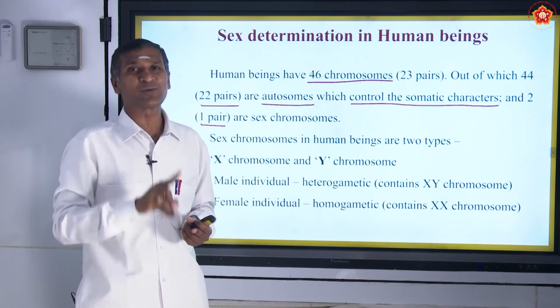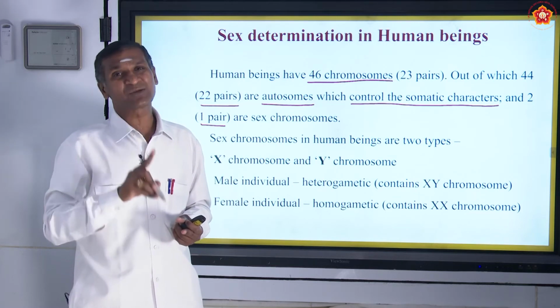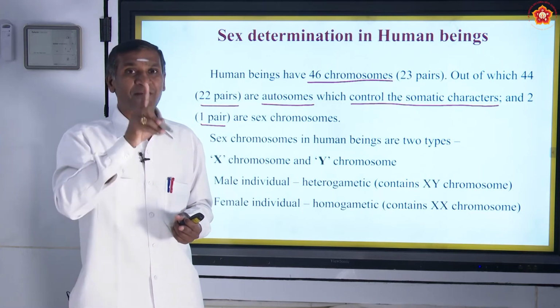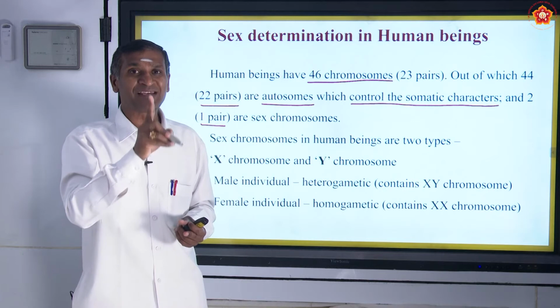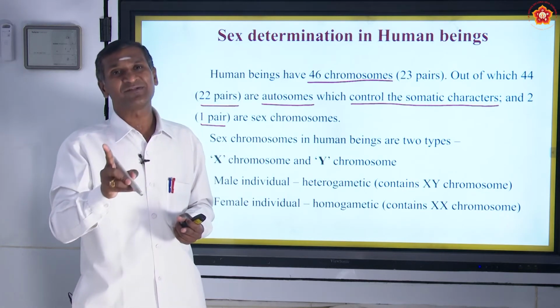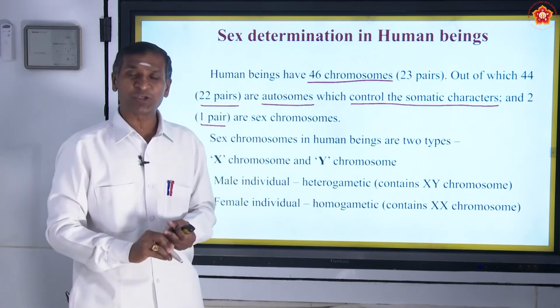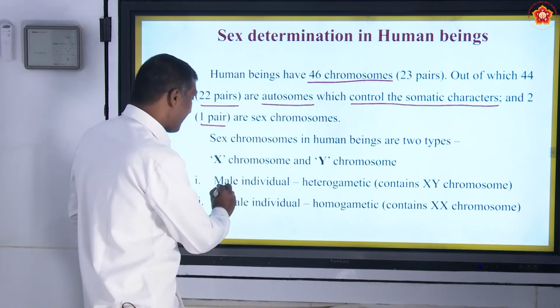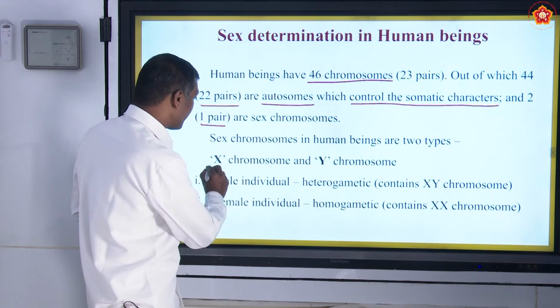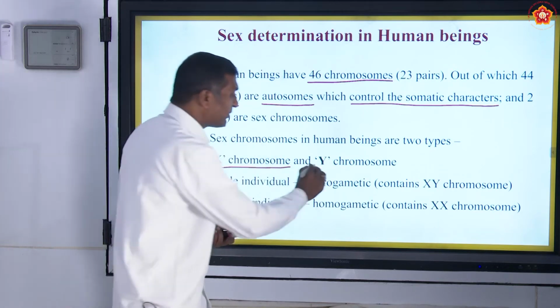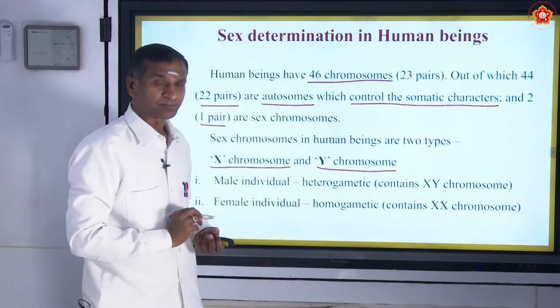One pair of chromosomes are called sex chromosomes, which determine whether the human being is male or female. And these sex chromosomes in human beings are of two types. Male, they are X chromosome and Y chromosome.